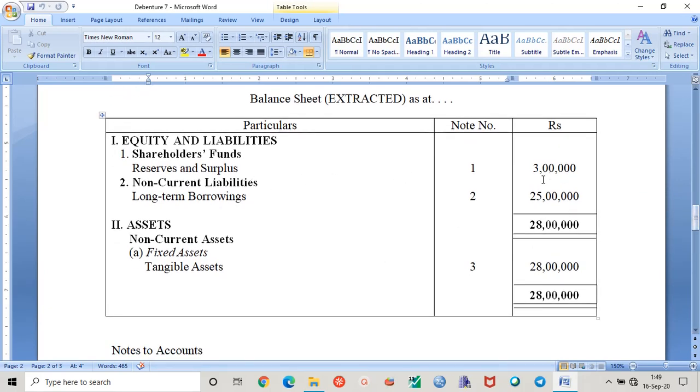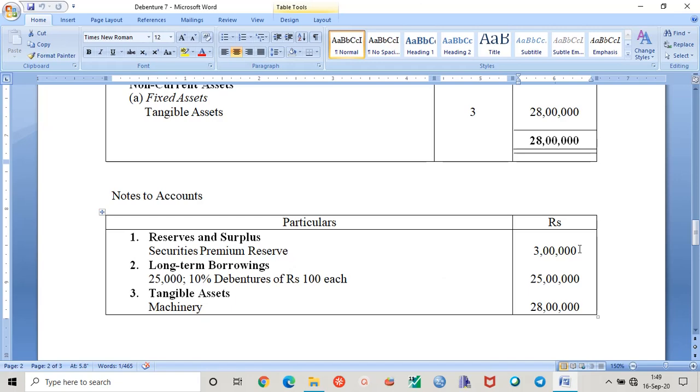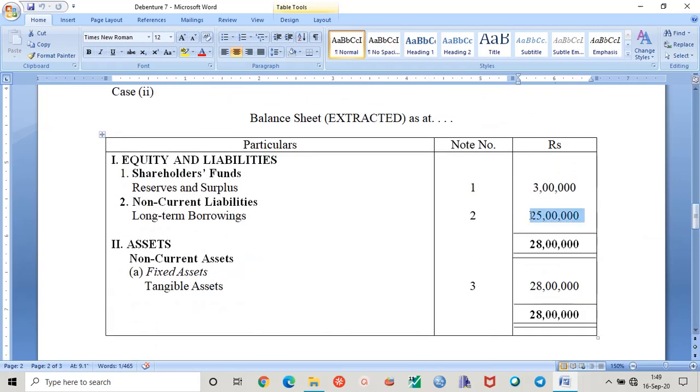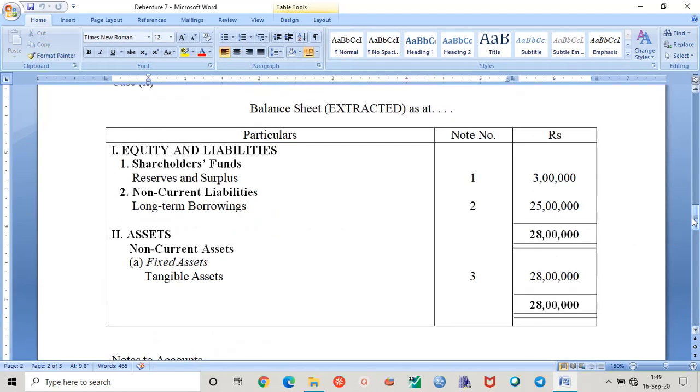This 3 lakh is the SPR money, so for that we have to refer to notes to accounts. This 3 lakh is the SPR money, and this 25 lakh is the number of debentures that you have issued to the supplier for purchase of machinery, 28 lakh. So this way you will prepare the balance sheet.